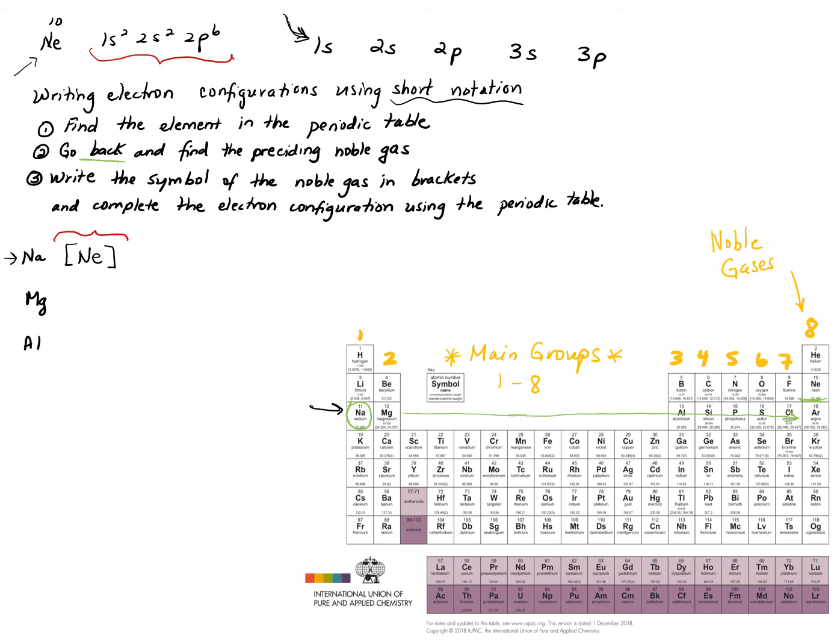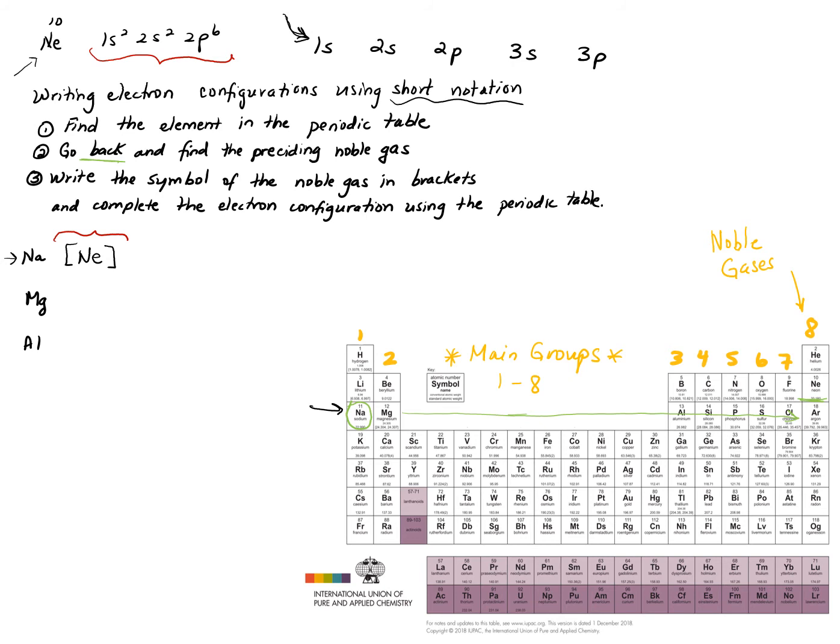If it's argon, that's 18 electrons, and for sodium you need only 11 electrons. So it has to be the preceding noble gas, not the one that is after the element that you're trying to write down the electron configuration for, but the one that is before. So I have neon with 10 electrons.